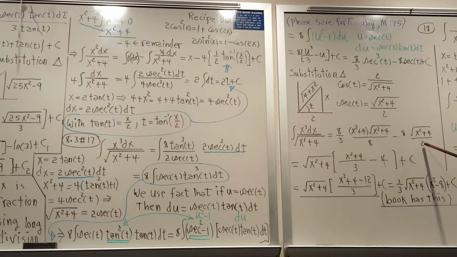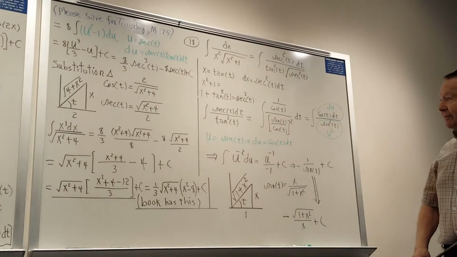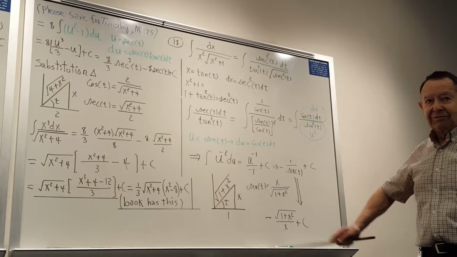And I take this 2 into the 8, so I have 4. And then I can get this over a common denominator. And so this is what the book has. So there's quite a bit of algebra here and quite a bit of trickery, but I can actually get to what they have.